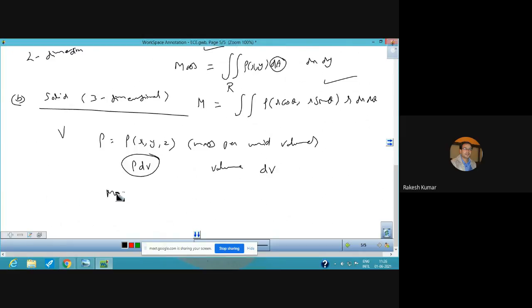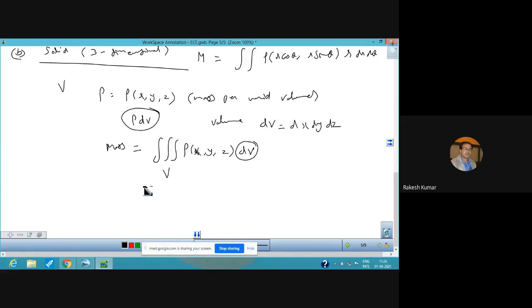Hence the total mass for a solid three-dimensional body is a triple integral over V of rho(x, y, z) dV. And you know what dV is? dV is actually dx dy dz. So this is the mass in Cartesian coordinates, and you can also find the mass in polar coordinates.